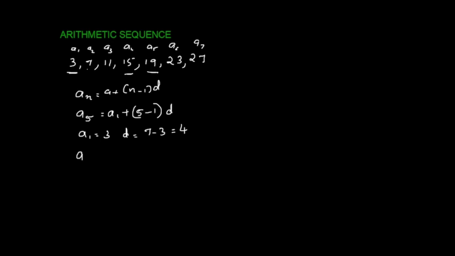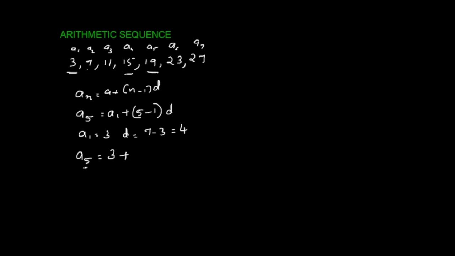Now, what is the value of a5? a1 is 3, the first term. So 3 plus 5 minus 1. Suppose the fifth term you need to find, you have to write 5 minus 1. If you need to find the sixth term, 6 minus 1.